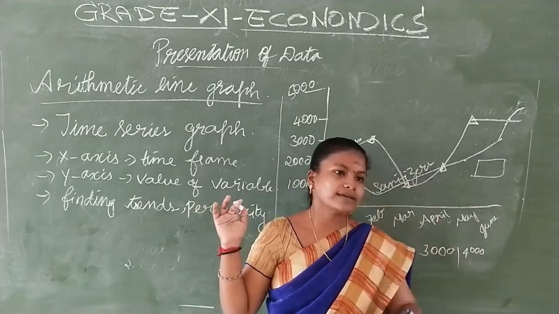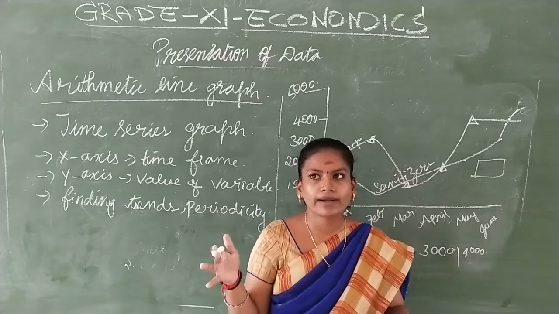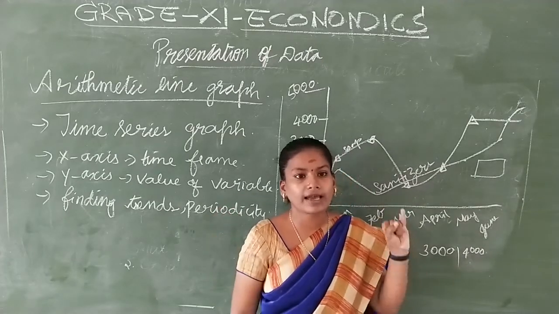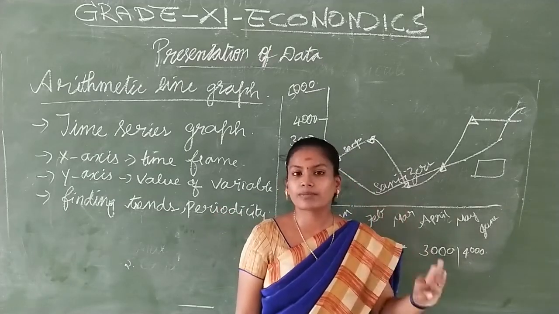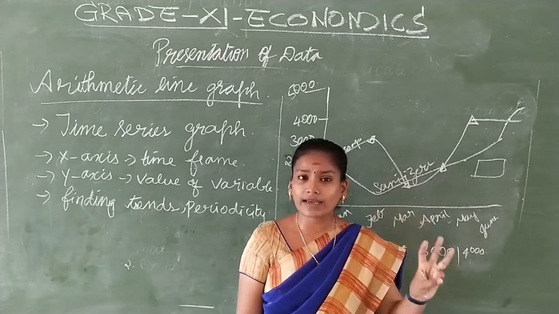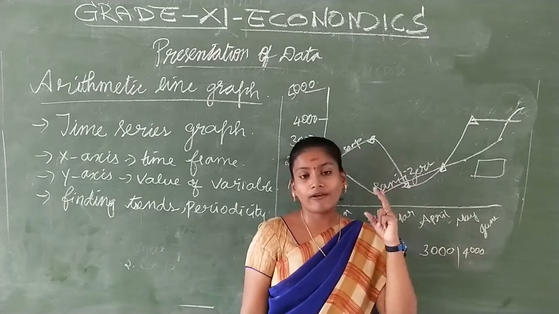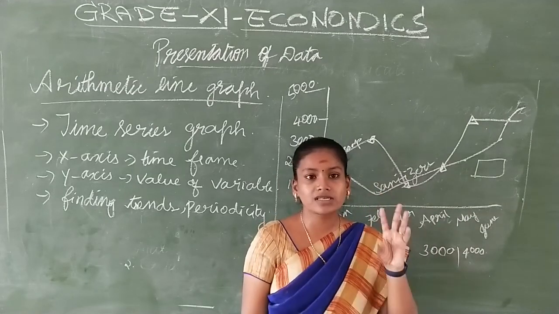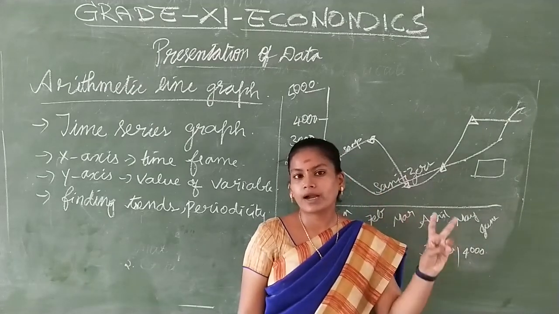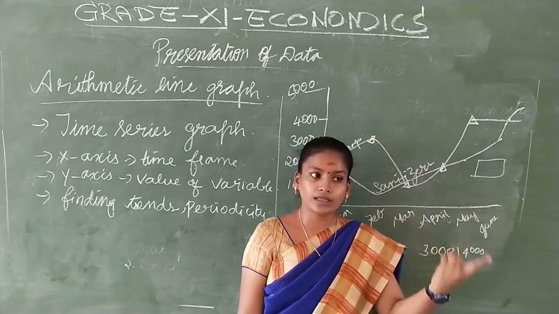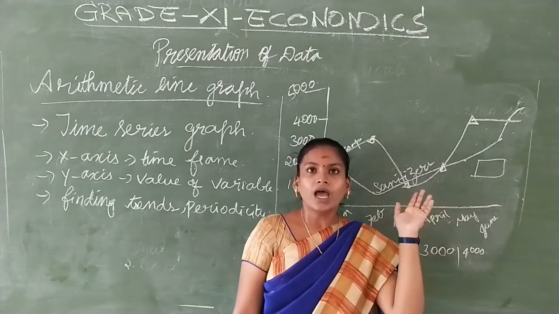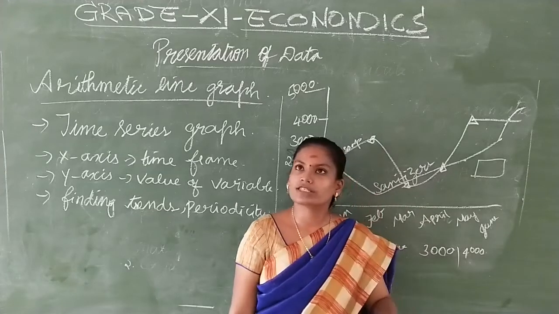Talking about the classification of diagrammatic presentation, we had geometric diagram, frequency diagram and arithmetic line graph. Geometric diagram is further classified into bar diagram and pie diagram. We have three kinds of bar diagrams: simple bar diagram, multiple bar diagram and component bar diagram. Then the next kind is pie diagram, also called pie chart.